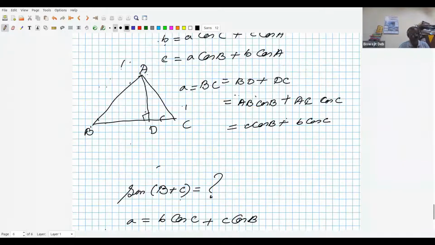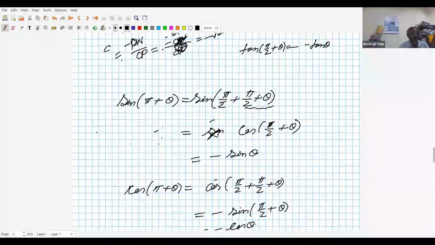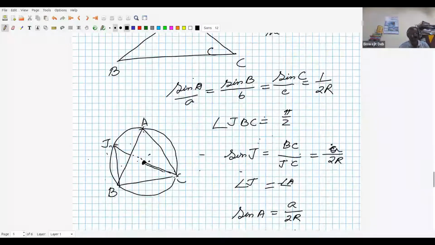Now go back to the extended law of sine. It says that sine A by a is equal to 1 by 2R.